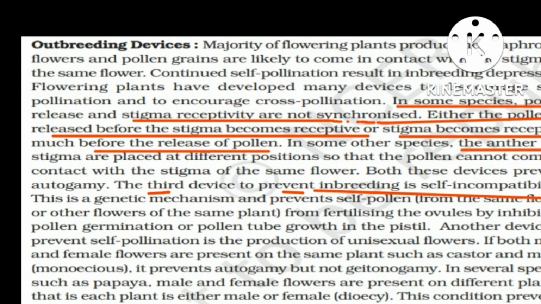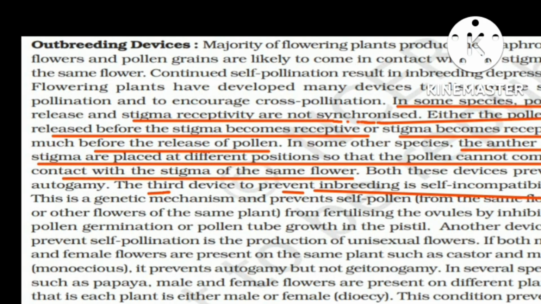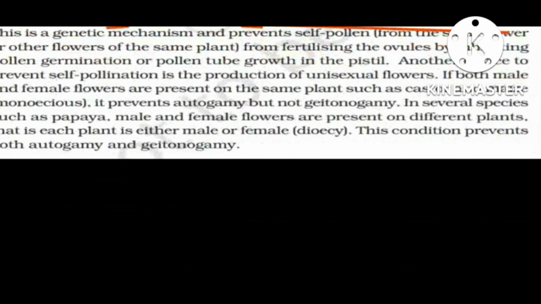And in some other species, the anther and the stigma are placed at different positions so that the pollen cannot come in contact with the stigma of the same flower. So that would be somewhat like this. Suppose this is the stigma of a flower.